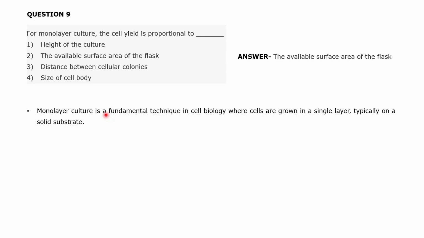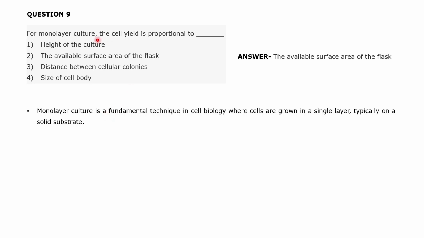So if you want to know how much cell yield there is, if you know the surface area of the flask and how much it has spread, you can calculate the cell yield, because it actually exists as a monolayer, right? If it is a multilayer, then it's a different case. From that we cannot determine the cell yield. Because it grows as a single layer, from the surface area that is present within the flask, you can determine how much the monolayer culture has divided, proliferated or differentiated, whatever it may be.